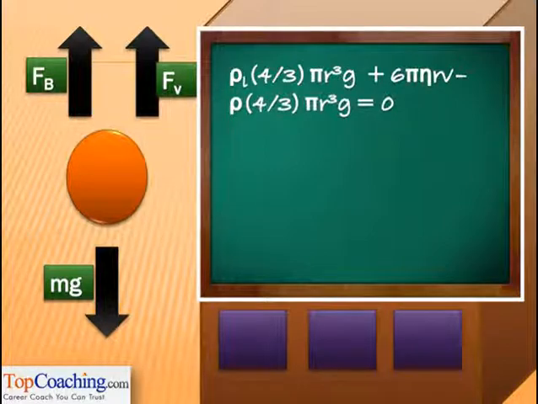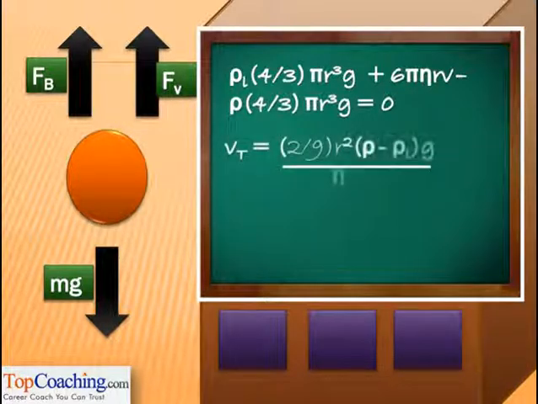So rho L, where rho L is the density of air, into 4 by 3 pi r cube g is the value of buoyant force on this ball upwards. 6 pi eta rv is the value of viscous force, and density of the ball into volume of the ball into g, rho into 4 by 3 pi r cube into g, is the weight of the ball. The sum of all these forces is 0. When you simplify this expression, everything cancels out, and what you get is the value of terminal velocity. You get the value of the velocity of the ball for which Fb plus Fv equal to mg.